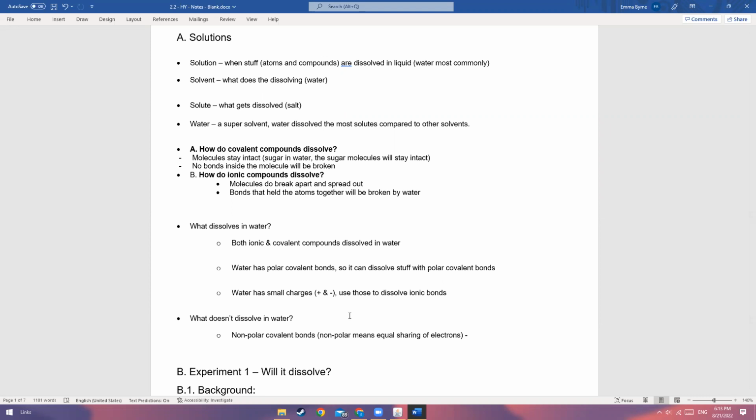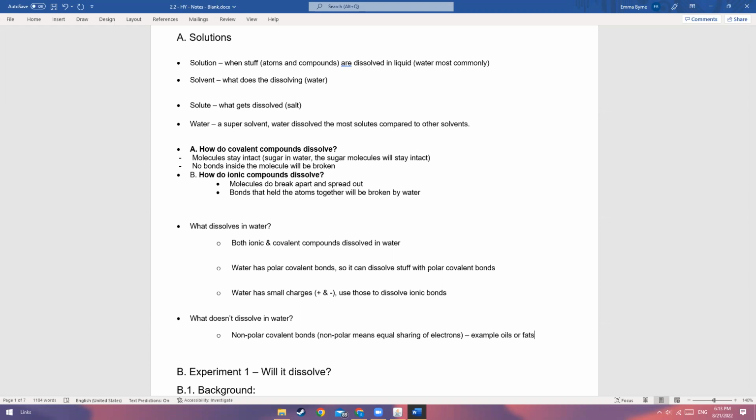Nonpolar is the opposite of polar. Nonpolar means that there's an equal sharing of electrons. So what is an example of something that is nonpolar? That would be something like oils or fats.